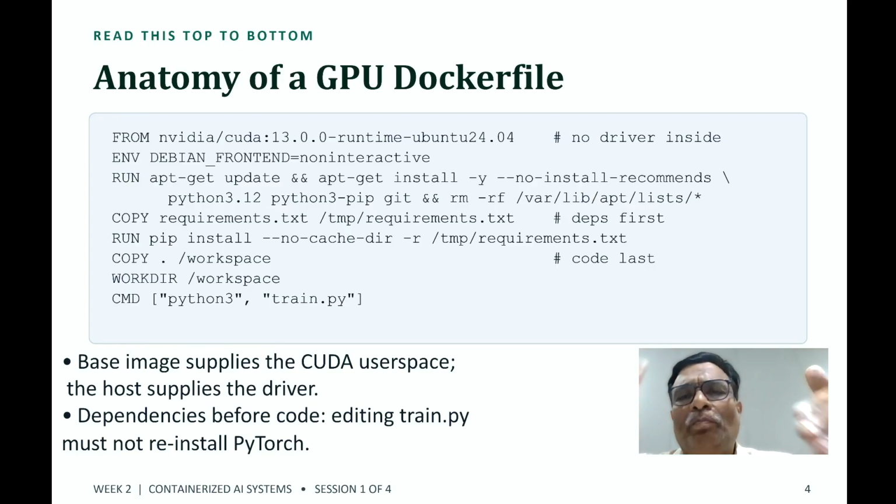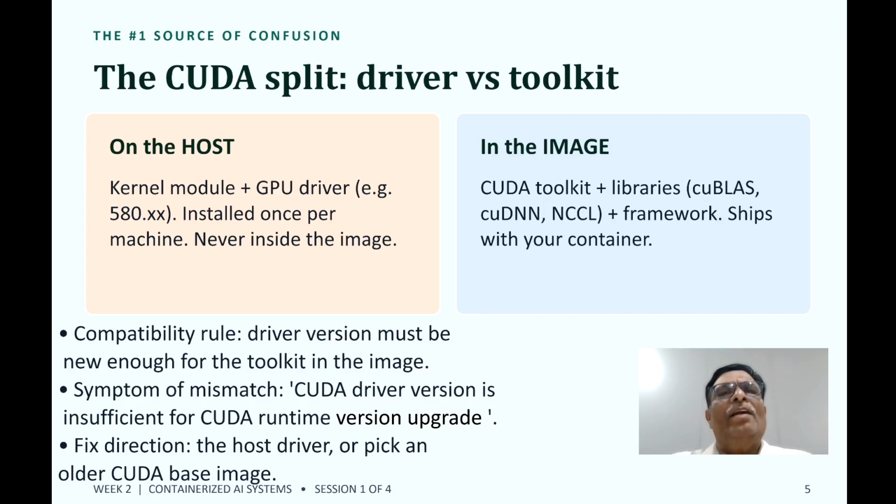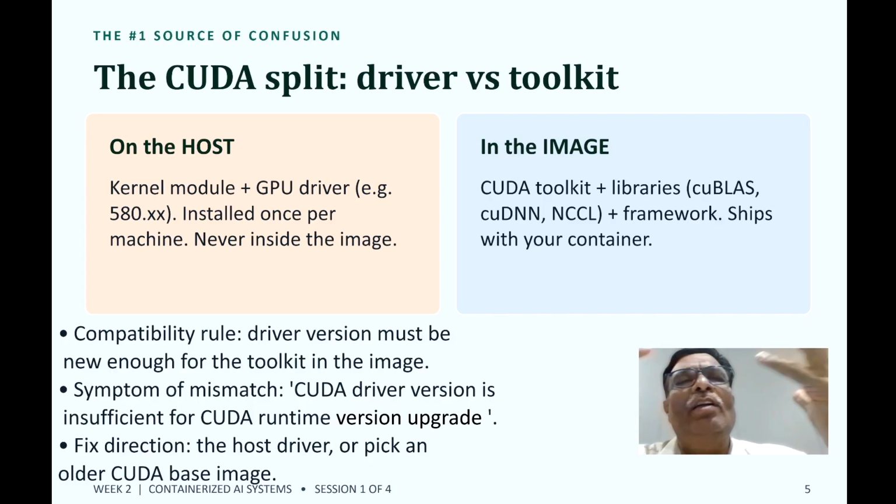Then you use pip to install what is there in it, and then you copy that to the workspace, and then you try to run your Python file without reinstalling PyTorch or whatever, since you are seeing here train.py.